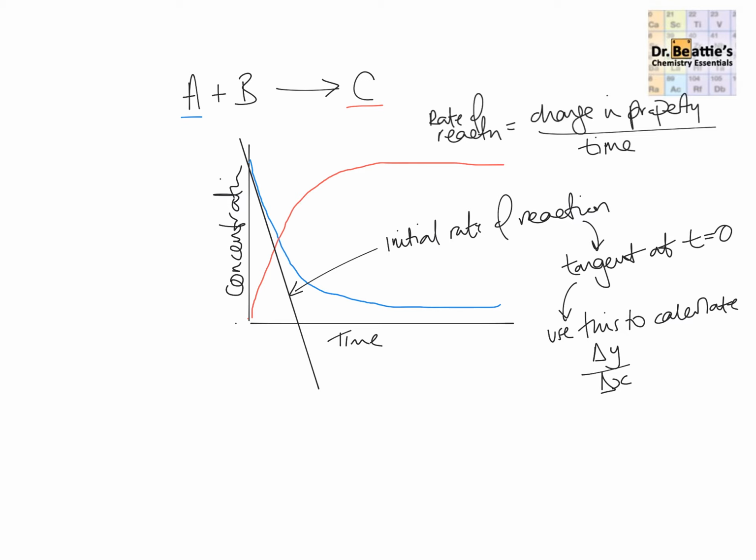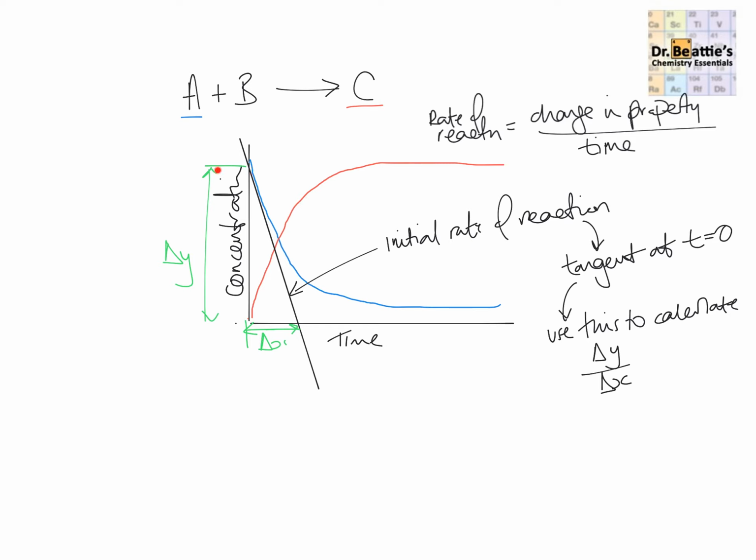So our change in x is going to be where the tangent line bisects the x-axis up to 0. And then our change in y is where we have the tangent line again bisecting the y-axis down to 0.